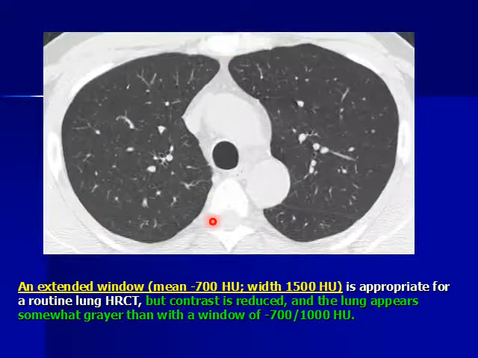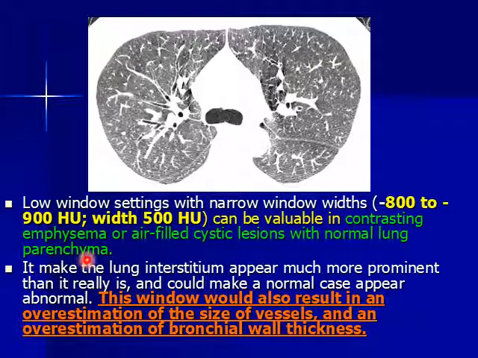The other, or the last one, is called the narrow window, in level and width. We set the level at minus 800 to 900, and the width is less than 800, about 500.